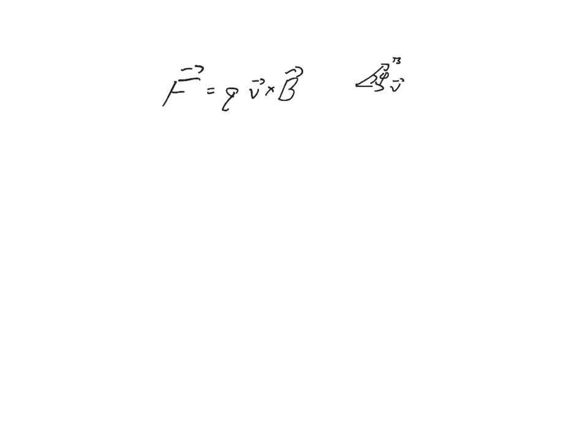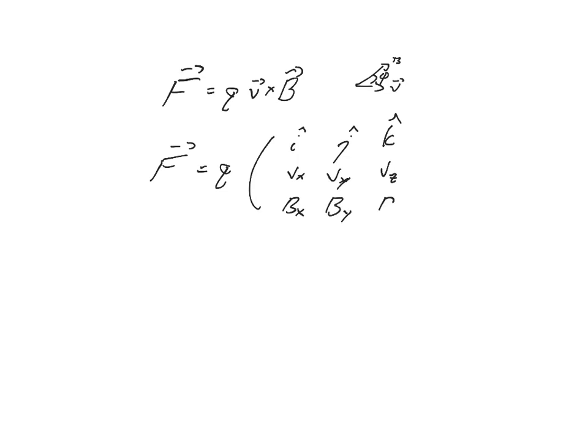Well, then you have to pull out the full determinant expression and say that the magnetic force is the charge times the determinant of i hat, j hat, k hat, the velocity components, and the magnetic field components. And then you actually have to go ahead and calculate the determinant of that matrix, and that'll give you the magnitude and also the direction of your cross product.